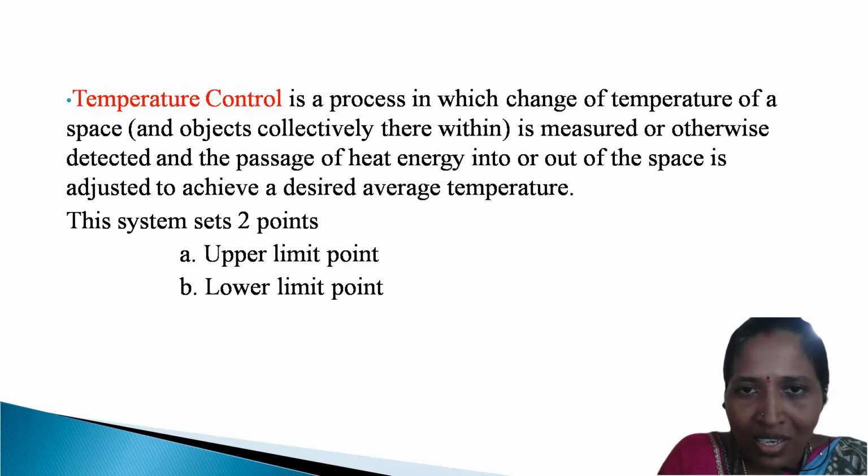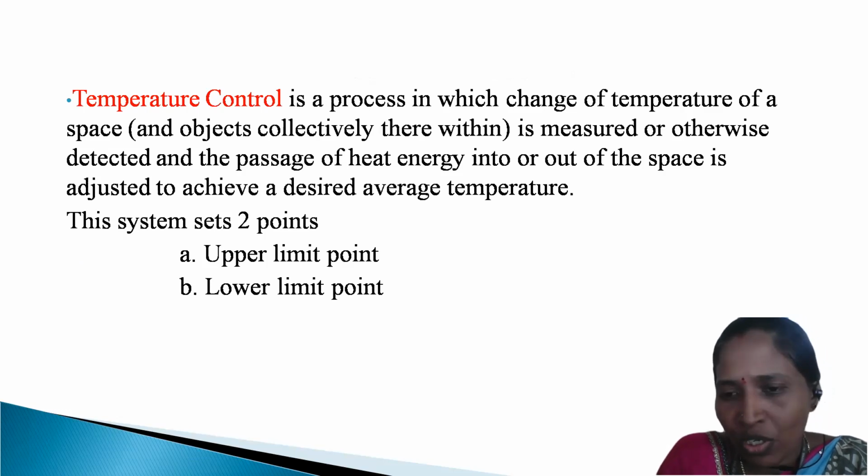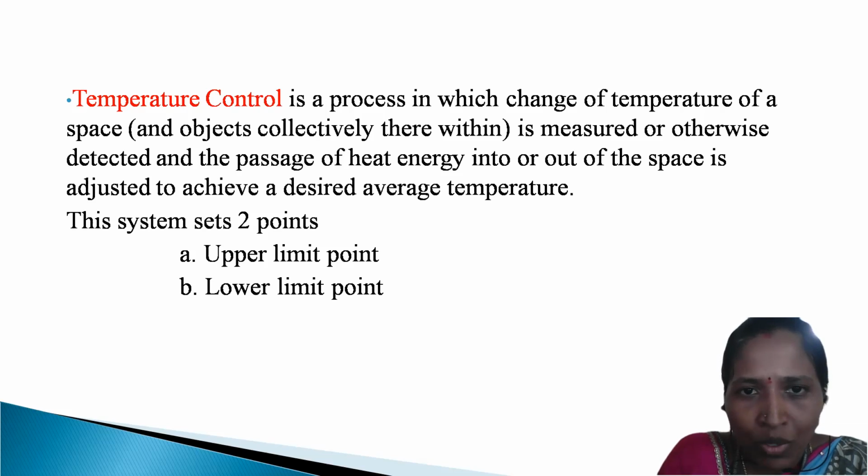It is a process in which the temperature of a space is measured, or detected, and the passage of heat energy into or out of the space is adjusted to achieve a desired average temperature. Whatever change of temperature happens in the space has to be measured. This is temperature control.